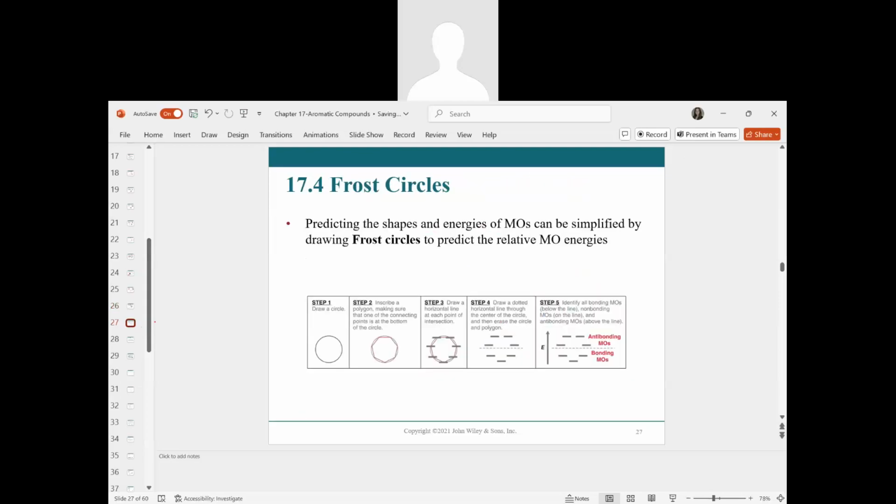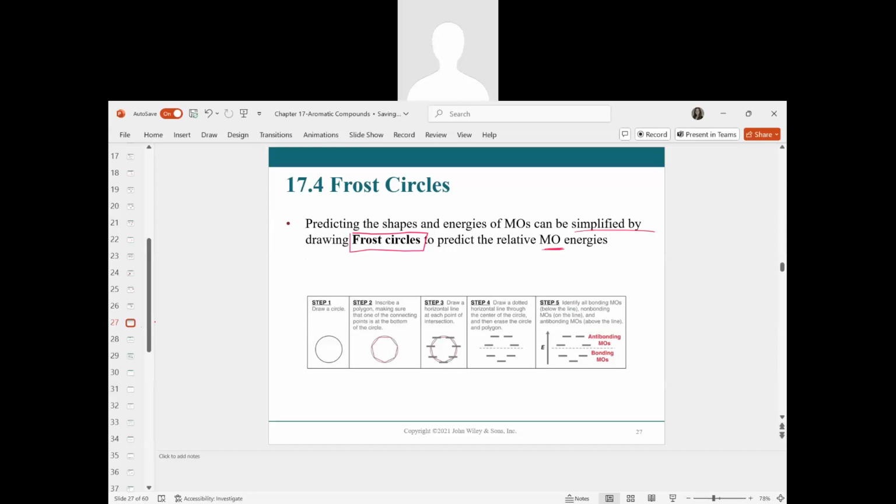Another way to simplify our determination of whether something will be aromatic or anti-aromatic is to use the process of Frost circles. We can predict the relative molecular orbital energies and then start filling these orbitals to see if we would have an aromatic structure.